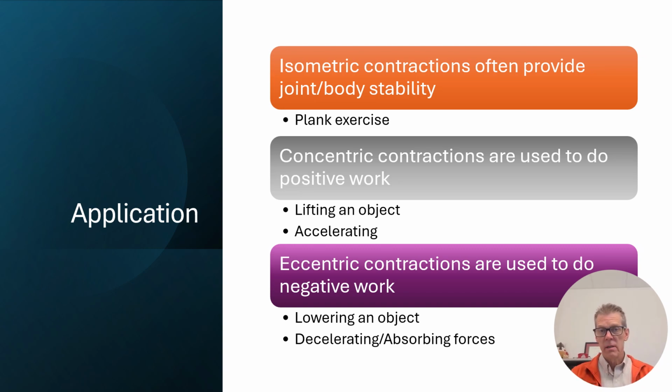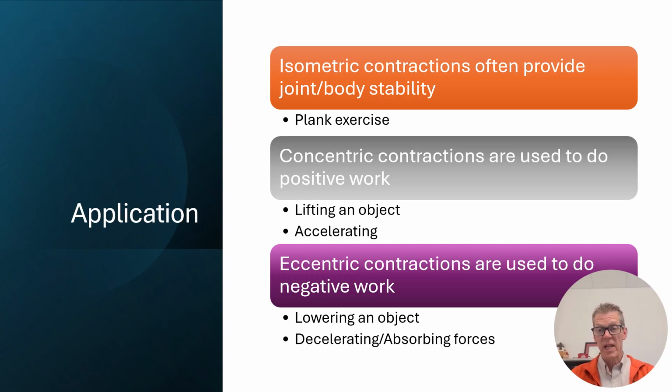But basically, isometric contractions are typically used to provide joint or body stability. So we're contracting our muscles, but there's no motion, but the joint is being held in one position statically, and that's a position of stability.